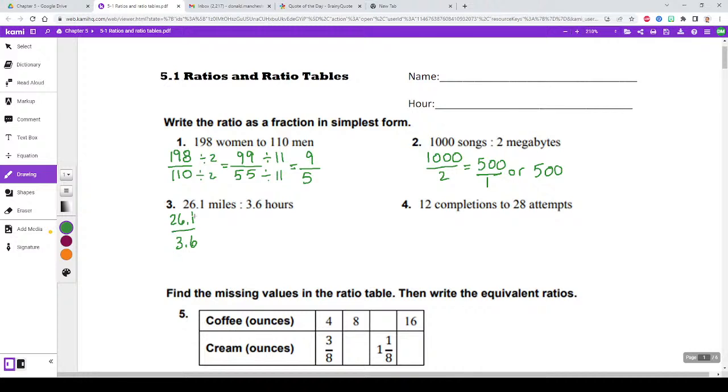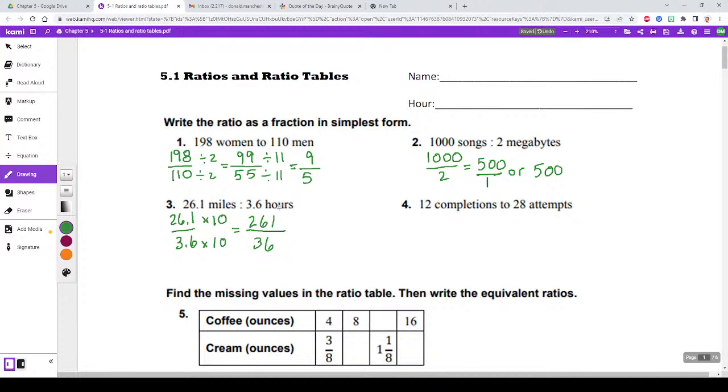What I can do then is we're going to multiply the top and bottom by 10 so that we get rid of the decimal. And so that gives us 261 over 36. These aren't even, so I can't divide by 2.